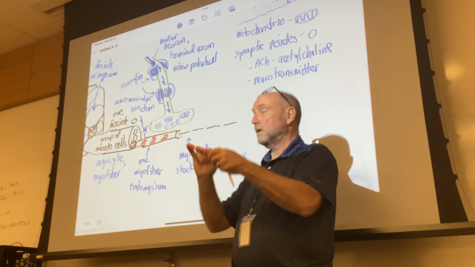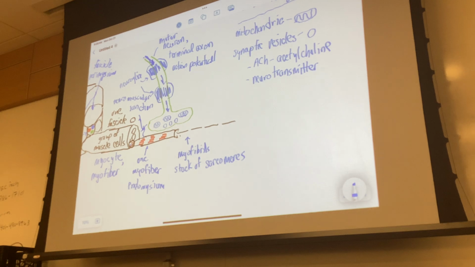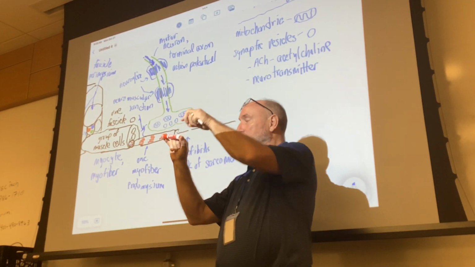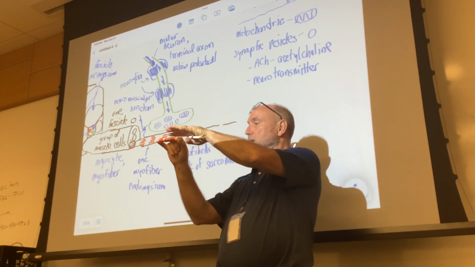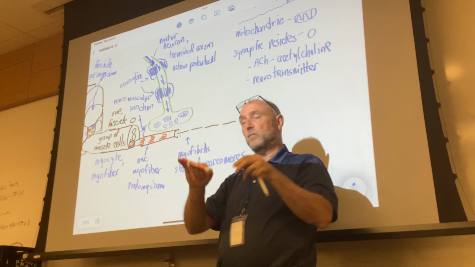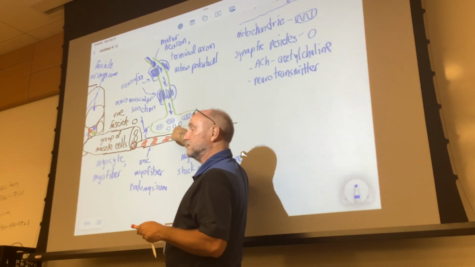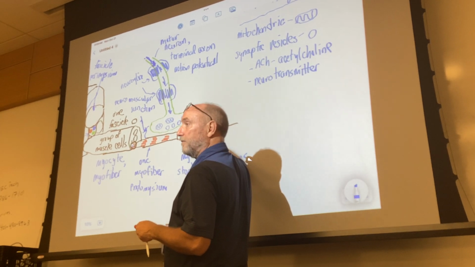So we're going to have to talk about how the sarcomere is organized, what the proteins are and what they look like, what's happening here, and when it gets from here to here, what happens to individual myofibrils.